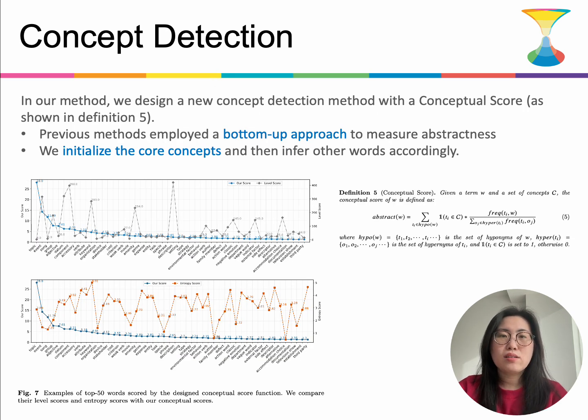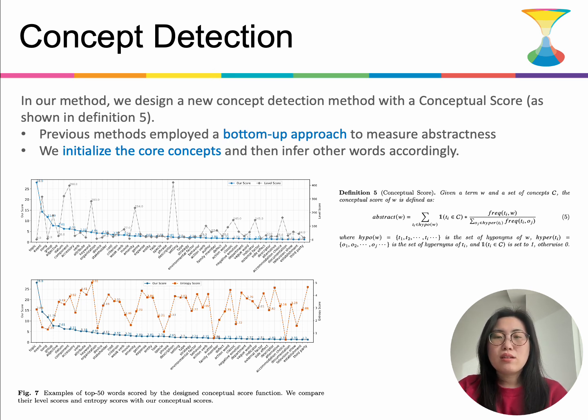In our method, we design a new abstractiveness measure to conduct concept detection, as shown in Definition 5. Previous methods exploit a bottom-up approach to measure abstractiveness. The leaf nodes are set at level 1, and the scores of other nodes are computed based on these leaf nodes.